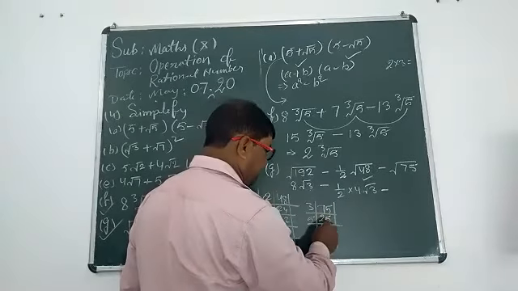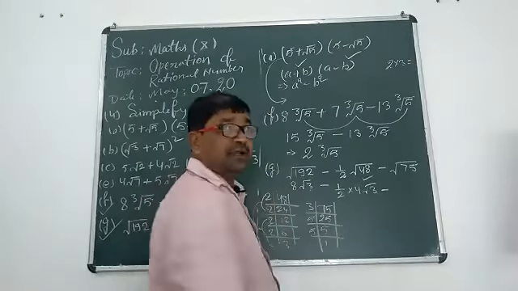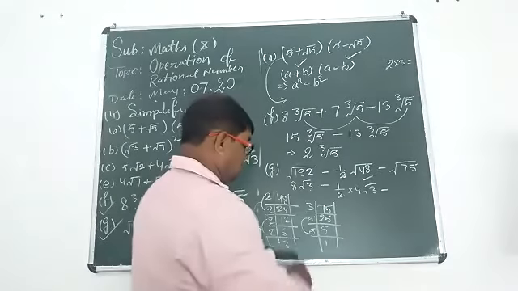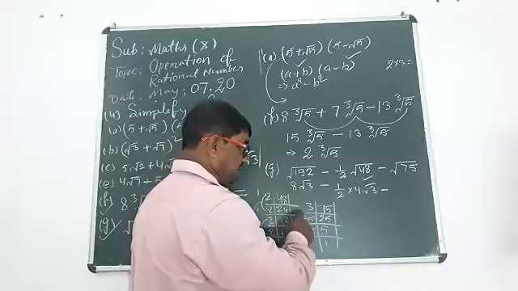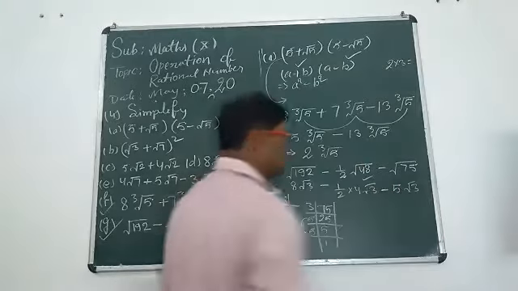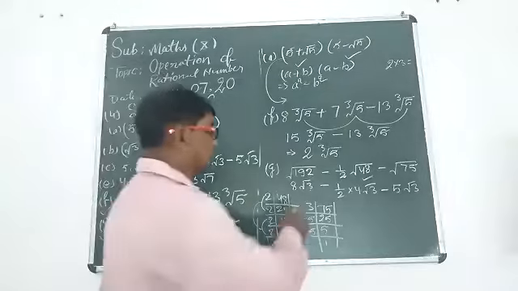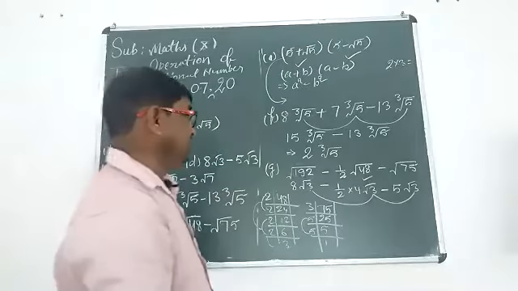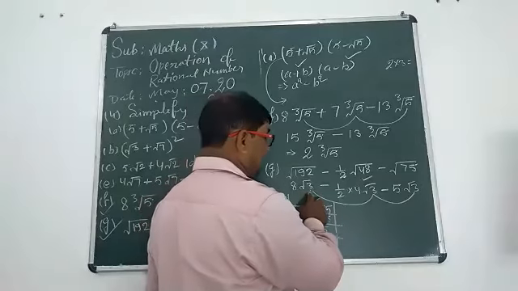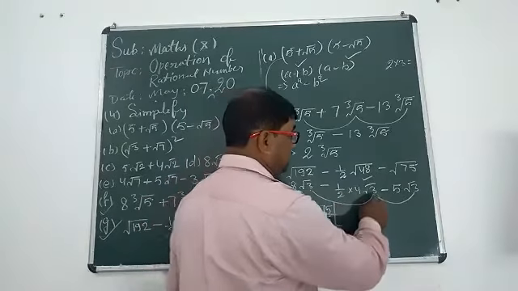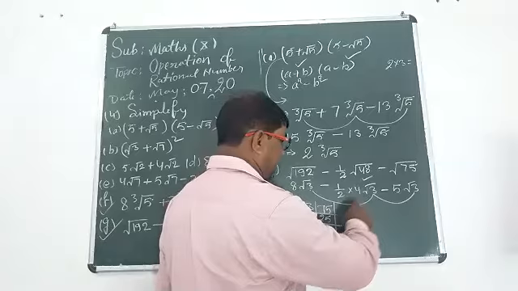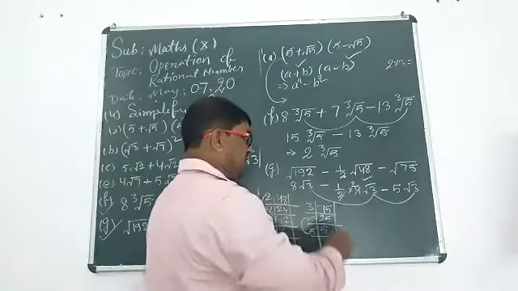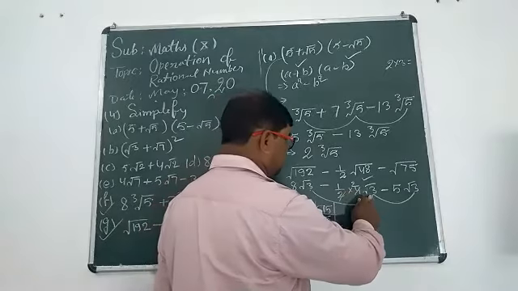Now by 5, 5 5 is 25. Now by 5, 5 1 is 5. 5s are in pair. So we will write 5 under root 3. Now we can operate them because they are like surds. 8 under root 3. This is half multiply 4 under root 3. Simplify it. 2 1 is 2, 2 2 is 4. So you will read this term as 2 under root 3.